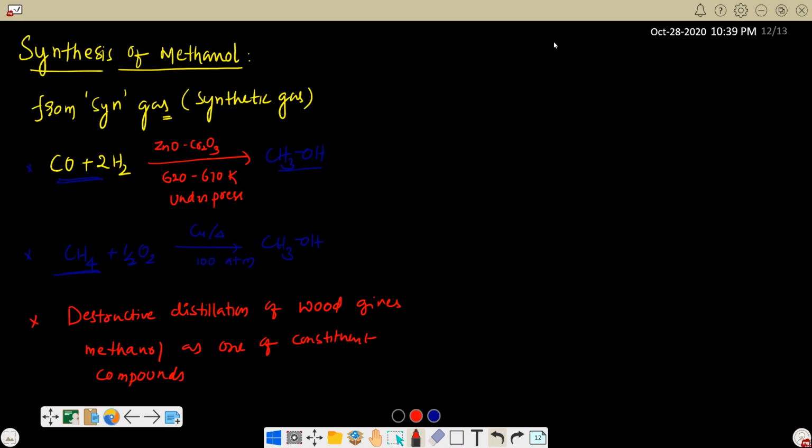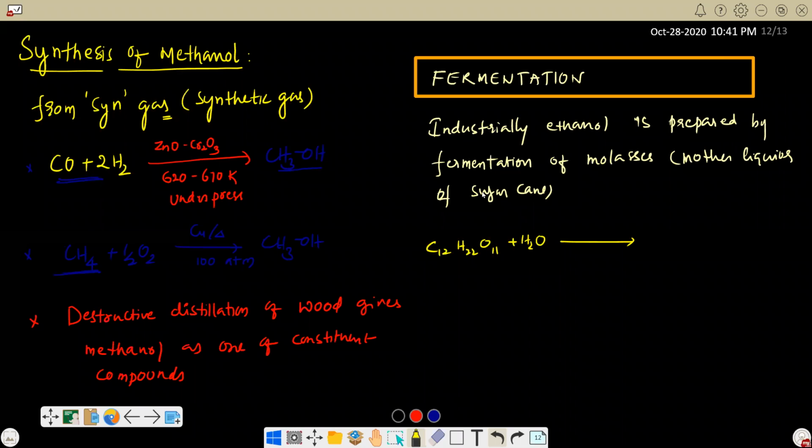So note down fast. C12H22O11 is a disaccharide, and its name is molasses. In the presence of the enzyme invertase, it forms 2 moles of C6H12O6. Right?